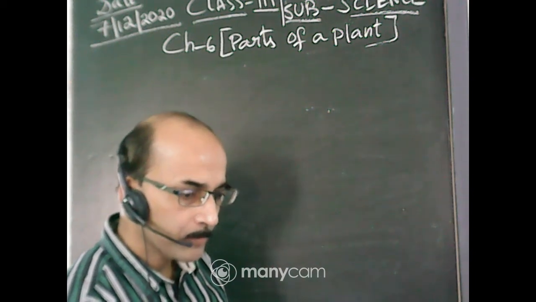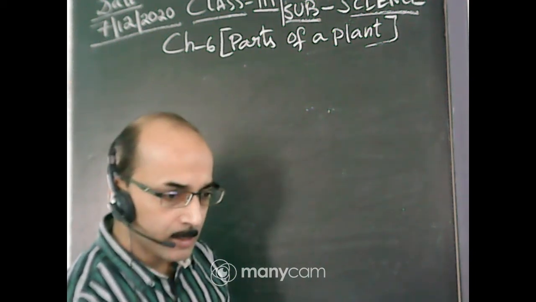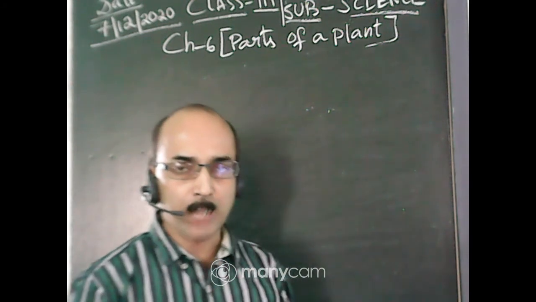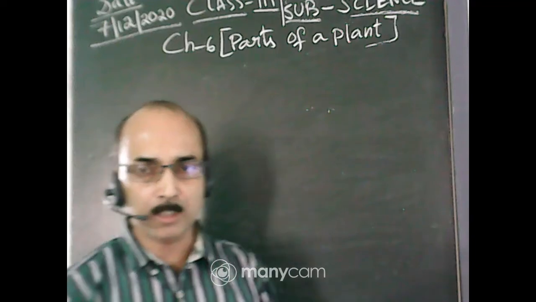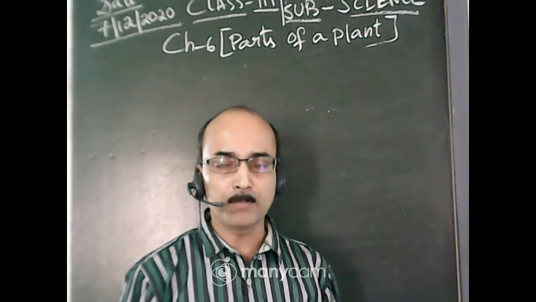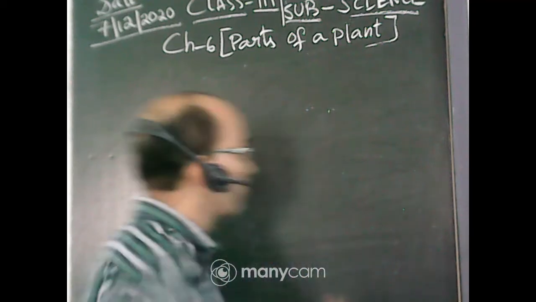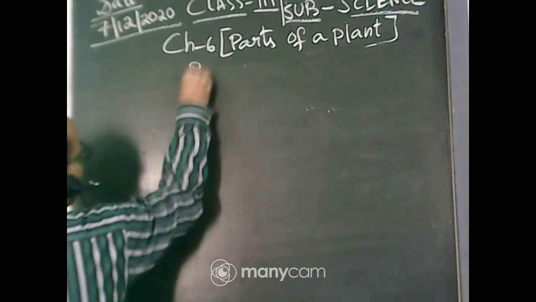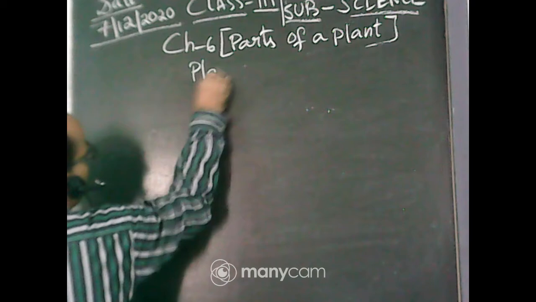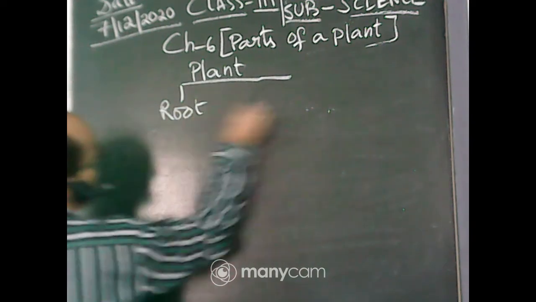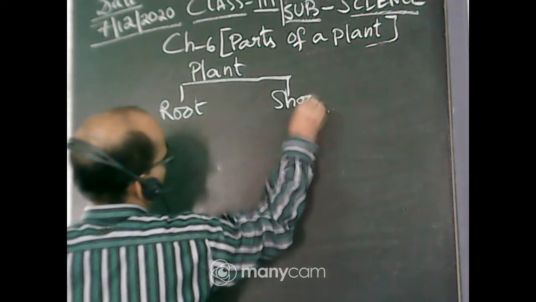So one part that is under the ground, under the soil, that is the root. Another part that grows above the ground, above the soil, that is the shoot. So we have learned about the plant: one is root, one is shoot.